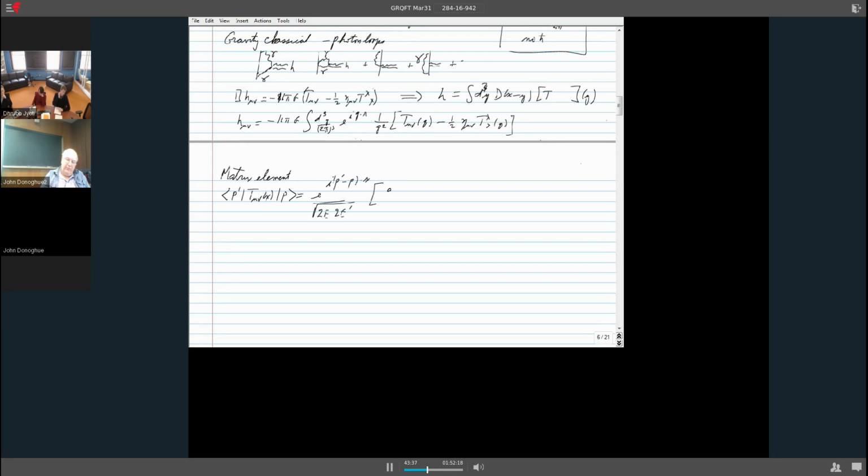Okay, and then here's the matrix element. So if I want p prime, T mu nu of x, p, that has e to the i (p prime minus p) dot x, square root of 2E prime. There's normalization factors.